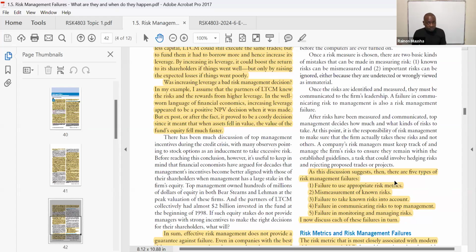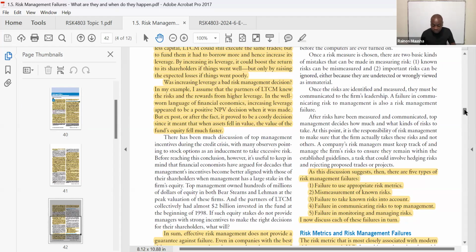So, all in all, in everything that we're going to do in studying 1.1, 1.2, 1.3, 1.4, and 1.5, the main thing we need to take note of is this. The rest of the things, keep them at the back of your mind, but the most important thing is these 5 types of risk management failures. You should be able to identify these 5 types of risk management failures.